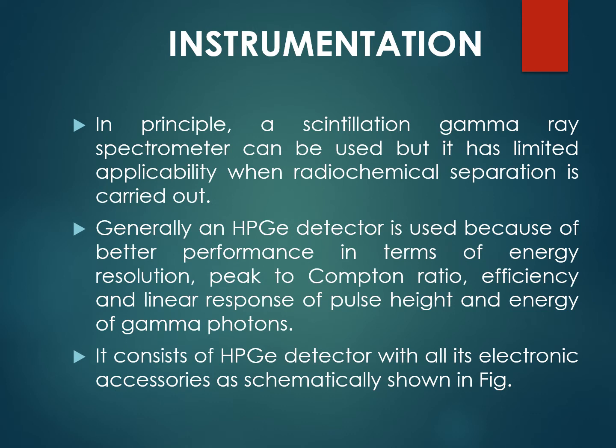But it has one drawback, that it has limited applicability when radiochemical separation is carried out. So generally we use a detector which has much more sensitivity and selectivity than the prompt or gamma ray spectrophotometer.